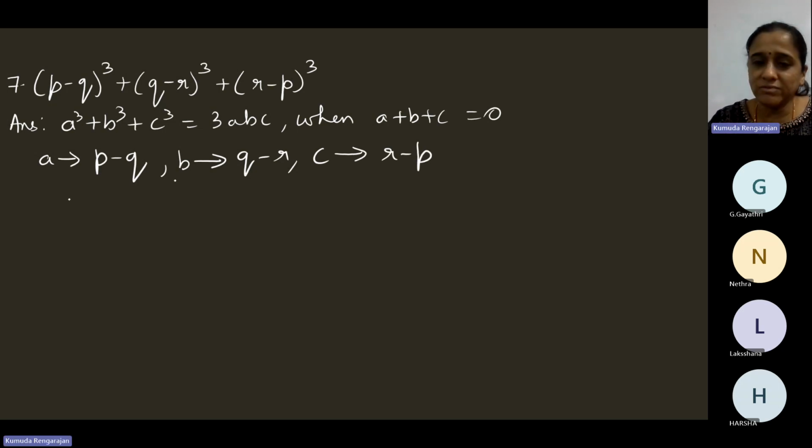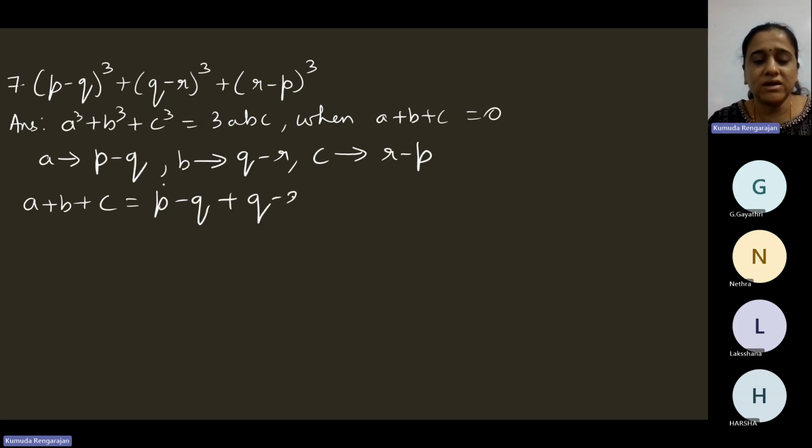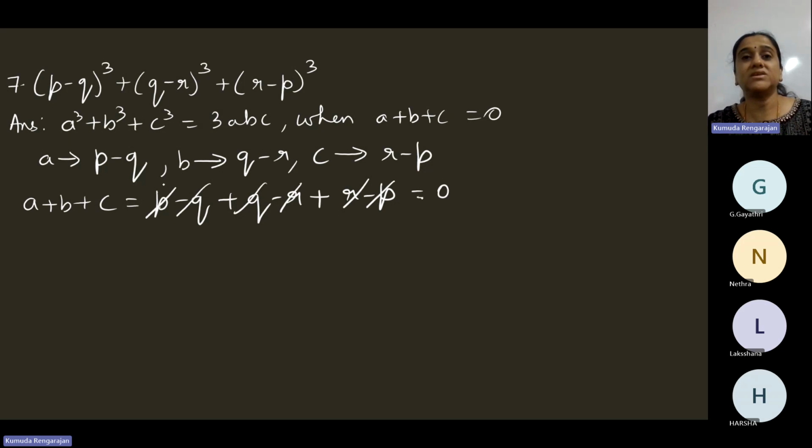Now we'll find A plus B plus C. We have to check that only if A plus B plus C is 0, then we can write A cube plus B cube plus C cube is equal to 3ABC. A plus B plus C is equal to P minus Q plus Q minus R plus R minus P. So plus P minus P, plus R minus R, plus Q minus Q. A plus B plus C is 0.